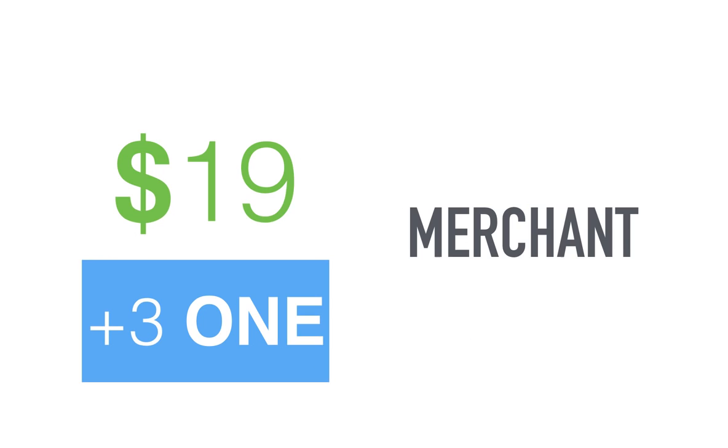So what does that mean? It simply means that the merchant basically gets $19 and 3 OneCoin. And if you're looking at the value of 3 OneCoin, which is $25, it means the merchant gets in value back $44 US, or it means they get 5 OneCoins. Depends on how you want to convert it, but this is the idea.